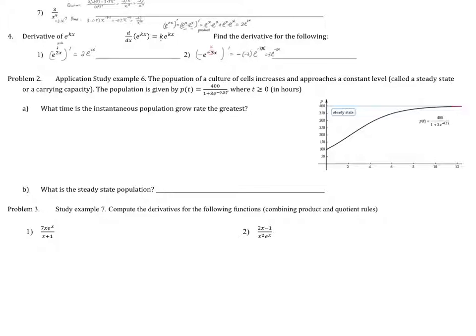And we need to figure out the time the derivative achieves its highest value. Geometrically speaking, the derivative means the slope of the tangent line. So basically, if you look at the graph, we are looking for a time that the derivative, which means the slope of the tangent line, is the highest.